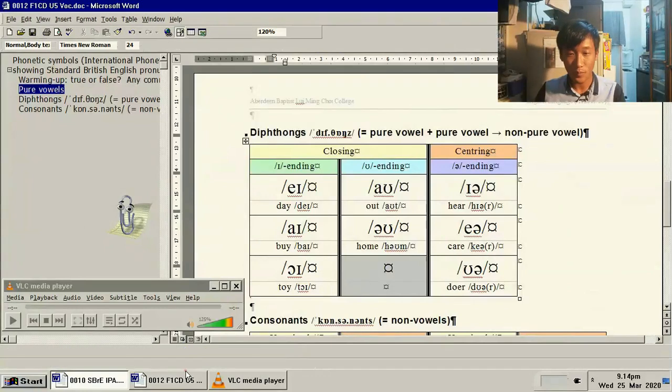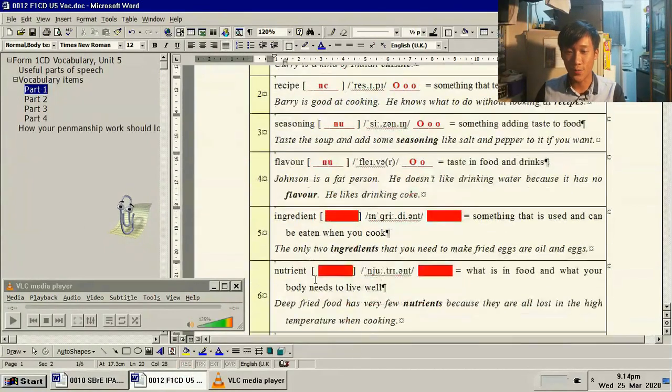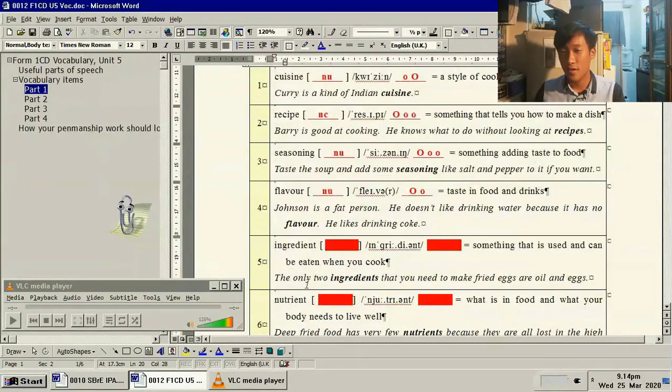So continue. Number 5. The only two, and then this word, and then it has an S. So it's a countable noun. This one is syllable 1, nothing in front of it. You can't see a full stop because it is the first syllable, nothing in front of it. Of course it is a syllable.